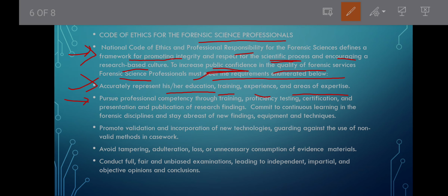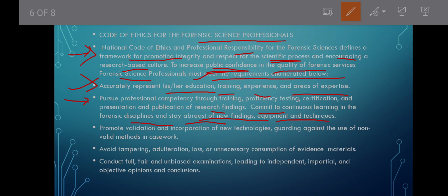Then, pursue professional competency through training, proficiency testing, certification, and presentation and publication of research findings. Then, commit to continuous learning in the forensic discipline and stay abreast of new findings, equipment and techniques. This is very important, because a forensic professional who graduated in the 90s shouldn't stay focused only on the techniques learned then.